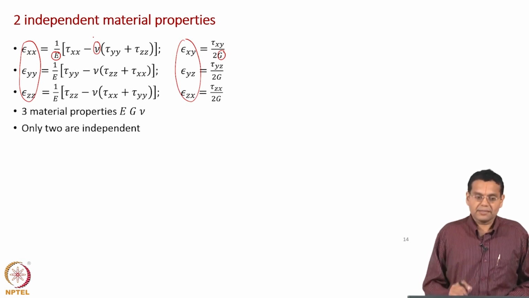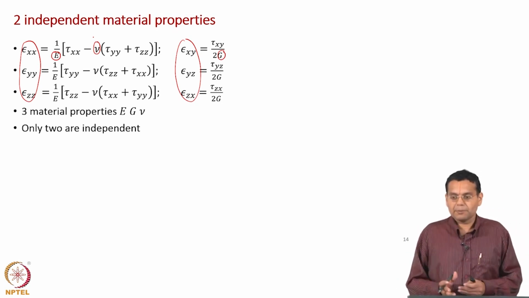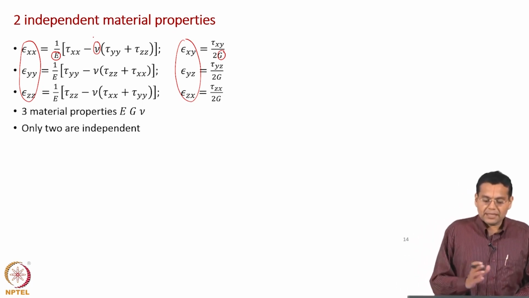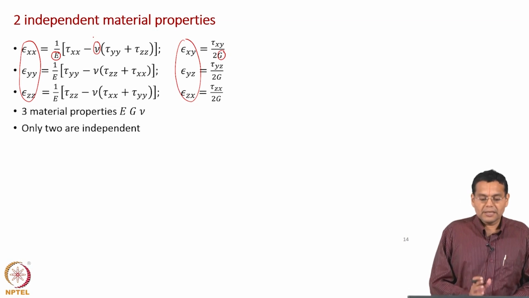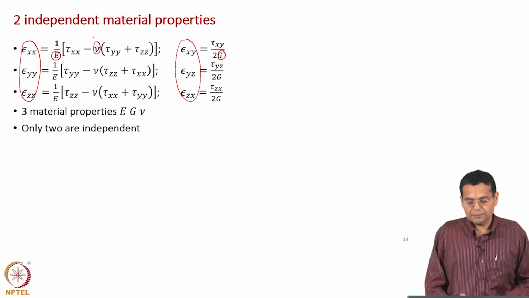One of them depends on the other. There cannot be three independent material properties. We can show that there is a relationship between E, nu and G, resulting in only two independent material properties. And that is our next objective.